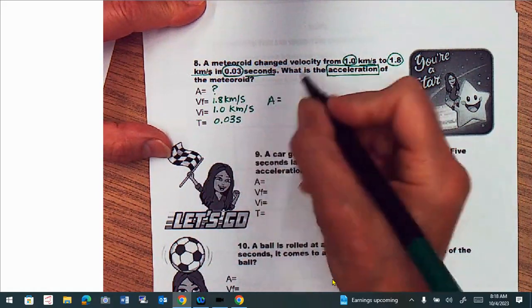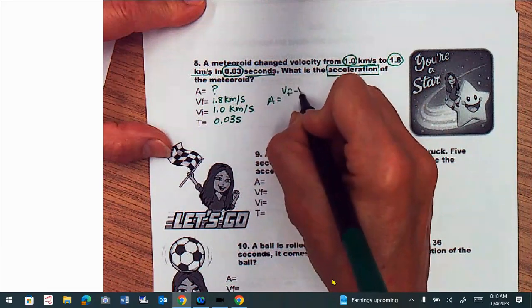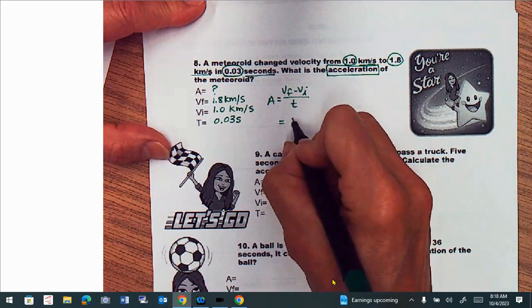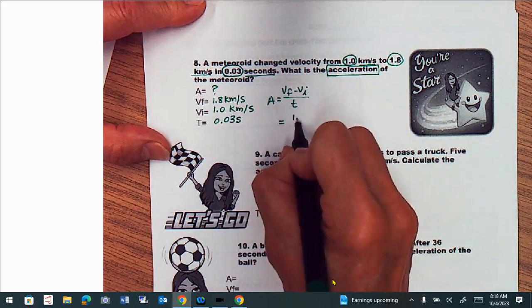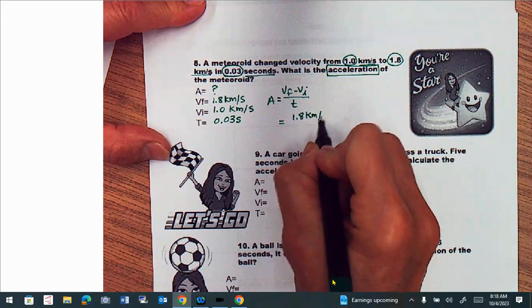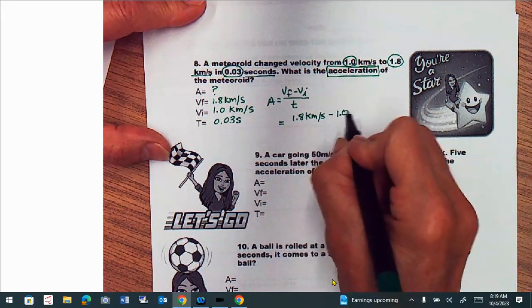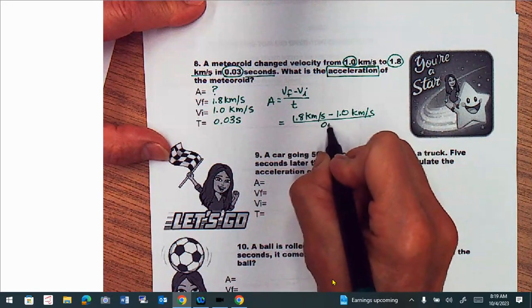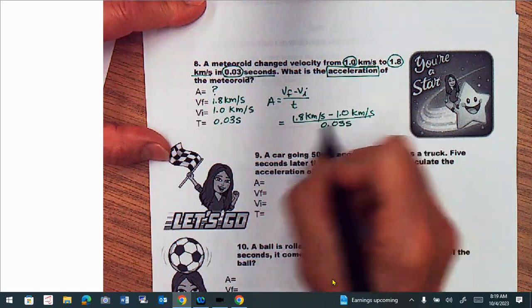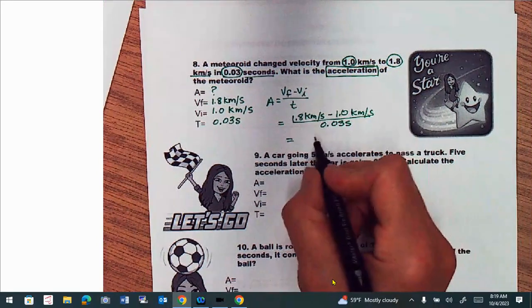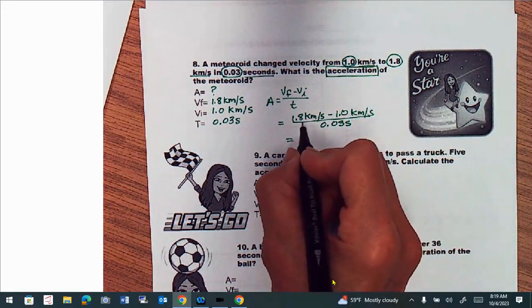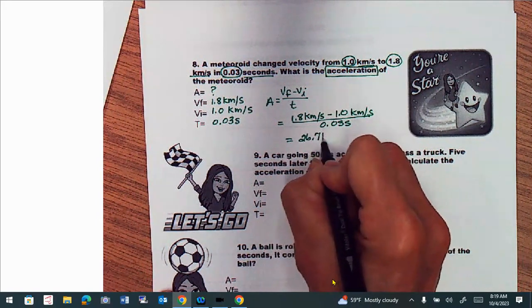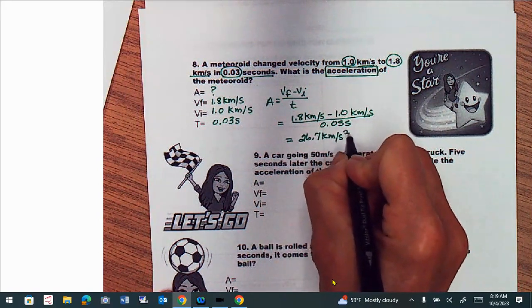So write out your formula first, then substitute your values and your units. 1.8 kilometers per second minus 1 kilometer per second divided by 0.03 seconds. And we will round to the tenths place. So you should have 26.7 kilometers per second squared.